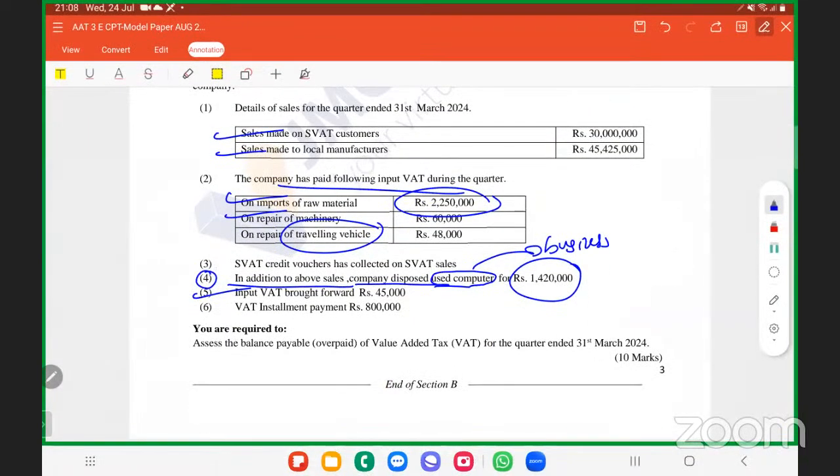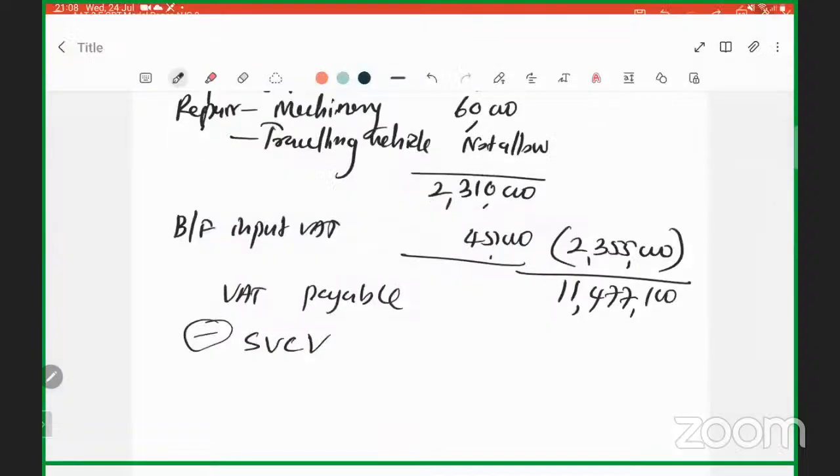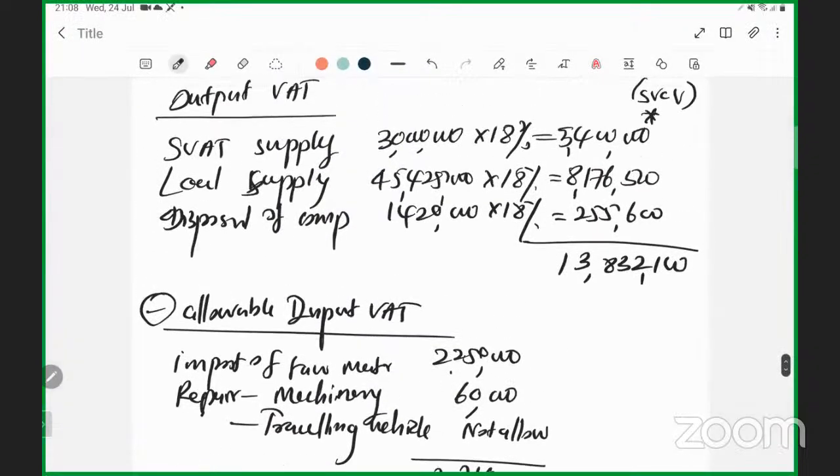Then here again, SWAT credit vouchers have been collected on SWAT sales. Now I told you earlier, on this SWAT sale you cannot collect the cash, because SWAT is a system. You know that a SWAT registered person can purchase without paying the amount equal to the particular VAT.